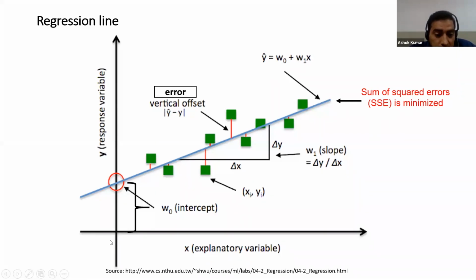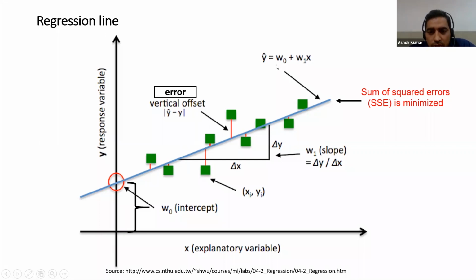When we take x equal to 0, at x equal to 0 this regression line cuts the y-axis, and where it cuts the y-axis, it is called the intercept. So it is also a constant value. The intercept is w0, and the slope is w1.